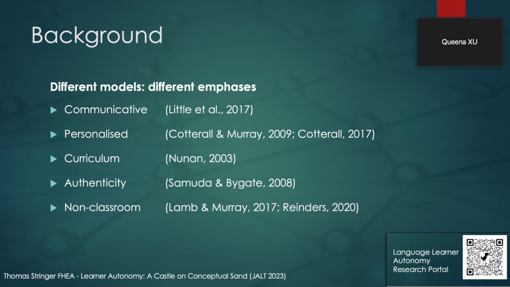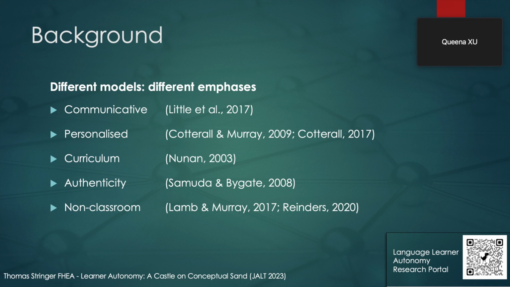So there are some different models or ways that it's been operationalized in the classroom, as some put more focus on communication in the target language. A lot of them focus on personalized learning, so that's learning through exploration, personalized inquiry and reflection. Other concepts of it focus on curriculum developments and a kind of iterative curriculum.